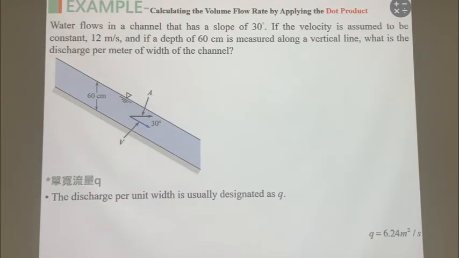Okay, but this is another exercise, because this exercise tells you to apply the dot product. That means the flow condition in here is not parallel to the cross section. Where is the cross section? Along this direction is your cross section of the channel. But right now the channel is inclined.